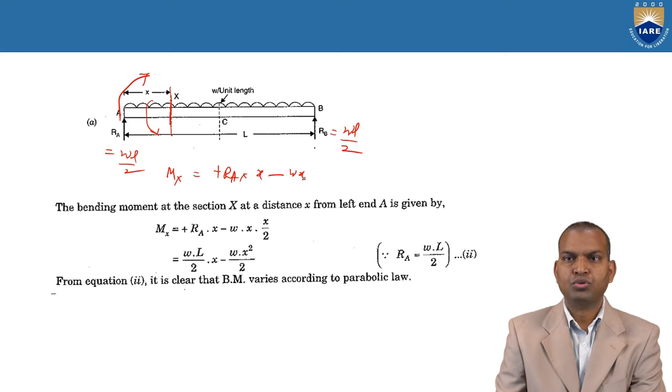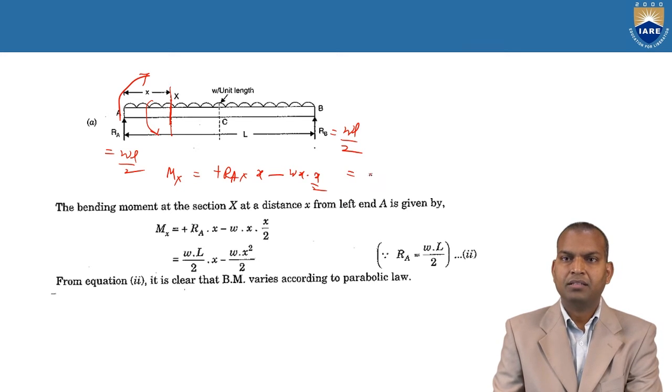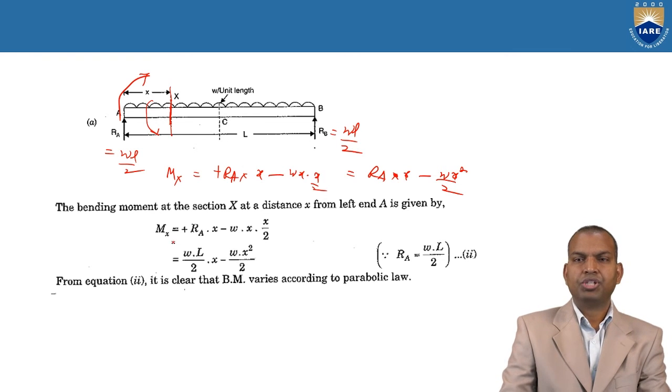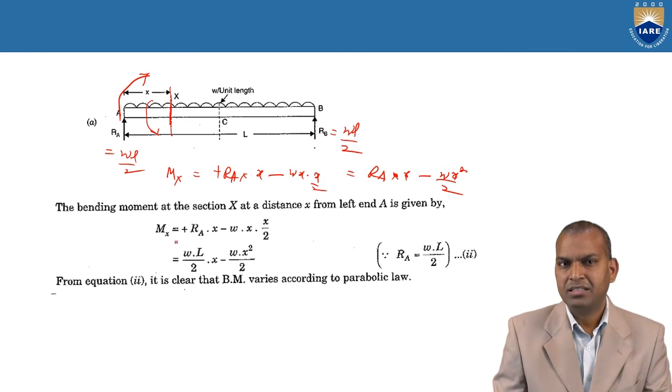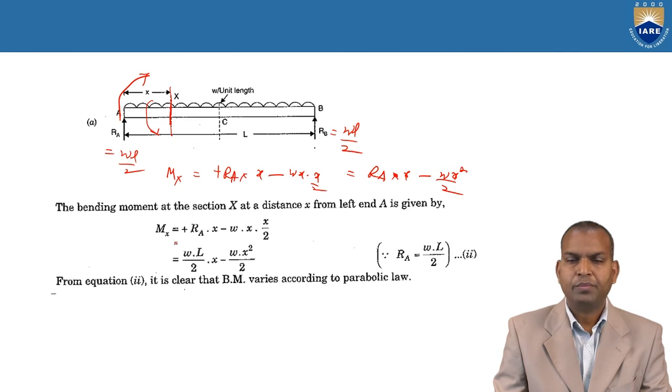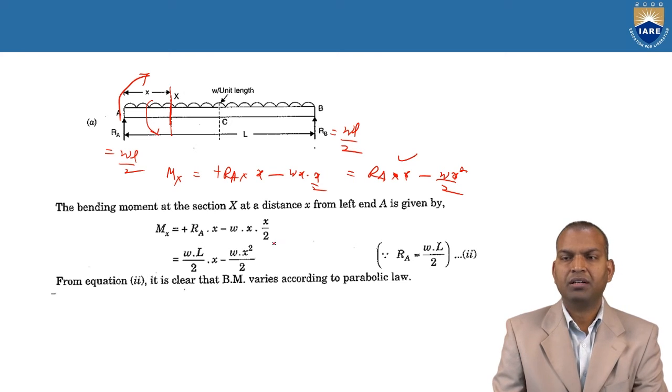That is W into small x into x by 2. That is RA into x minus Wx square by 2. This is the variation of moment of the simply supported beam when it is subjected to UDL at a distance x. This is the equation of bending moment variation.